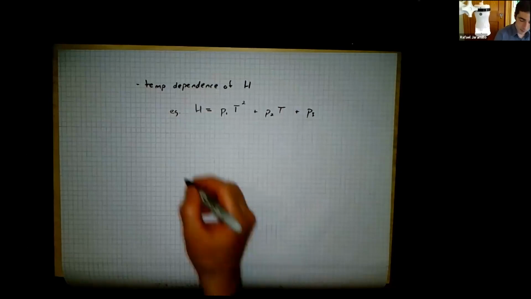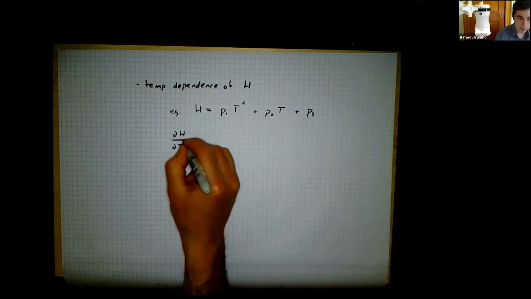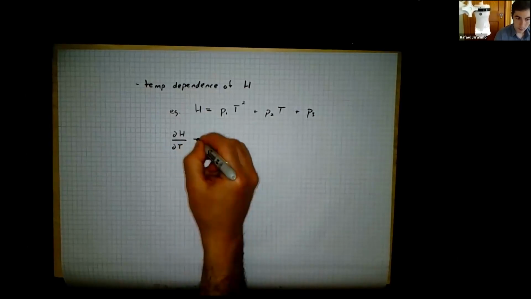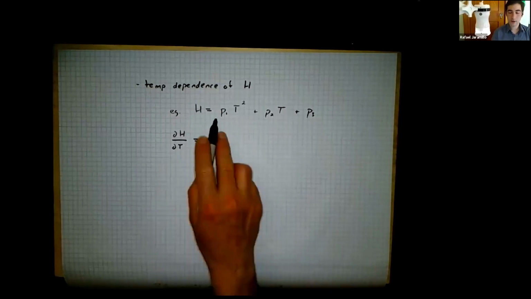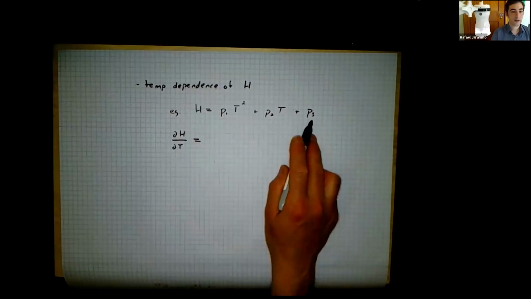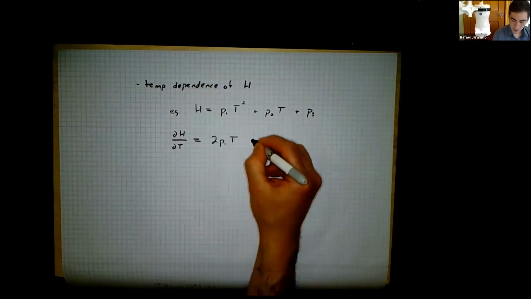But what I want is this. Right? I want this. That's the heat capacity data. So what's the derivative of this polynomial? It's 2 p1 T plus p2.